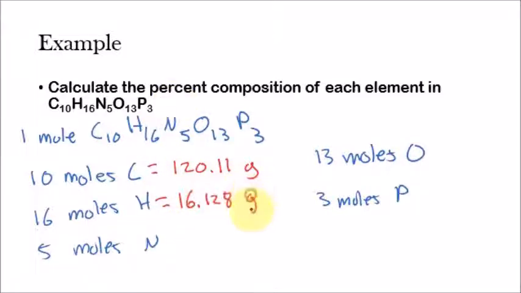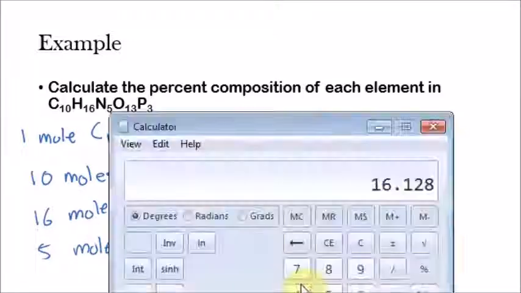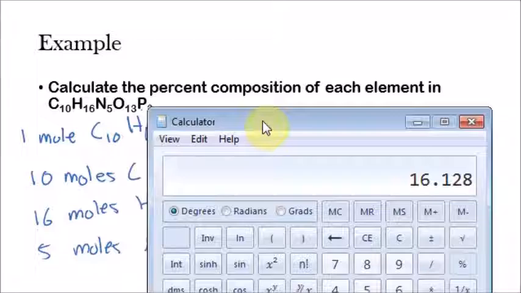Okay, nitrogen. Nitrogen has an average atomic mass of 14.007. So 5 moles of nitrogen is going to have a mass of 14.007 grams times 5. So it's 70.035 grams.